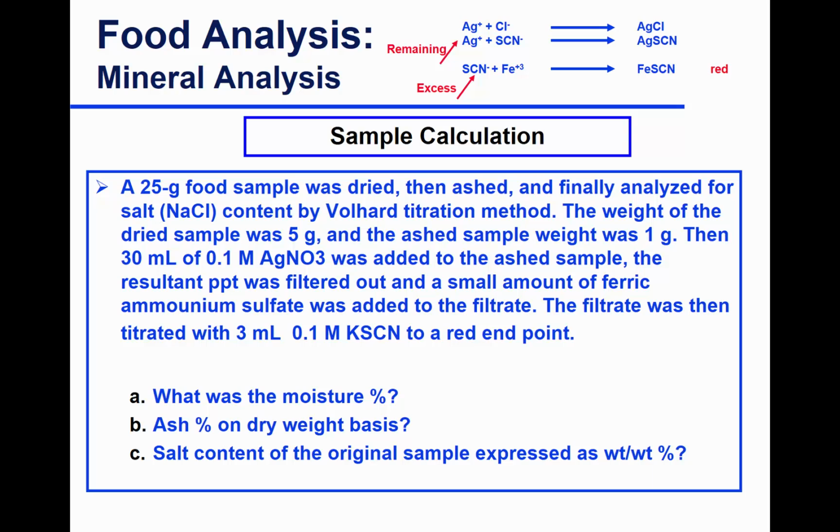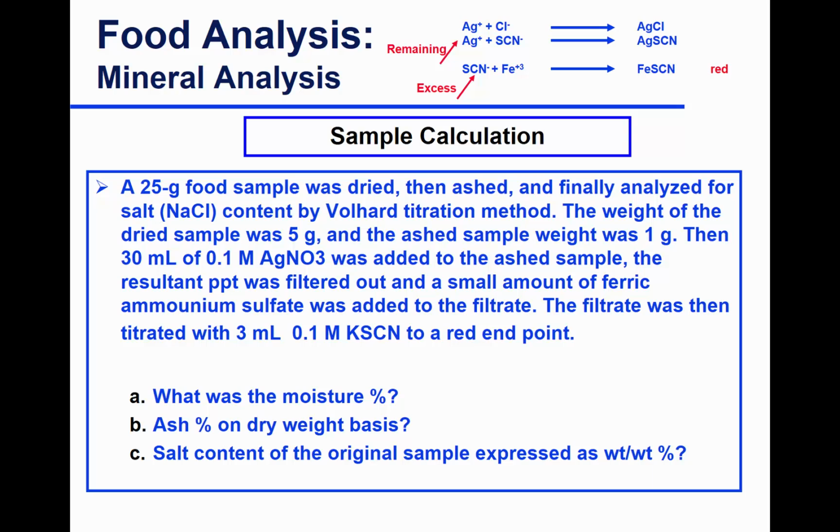The second part is I want to know what was remaining after silver was consumed by chloride. The remaining reacted with this, and it's a 1-to-1 ratio. So I get the number of moles of this with a similar equation. The 3 mL will have this much, 3 times 10 to the negative 4.